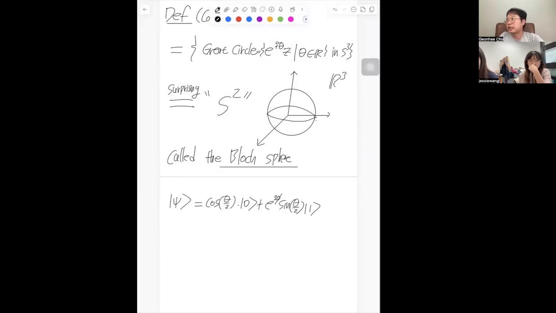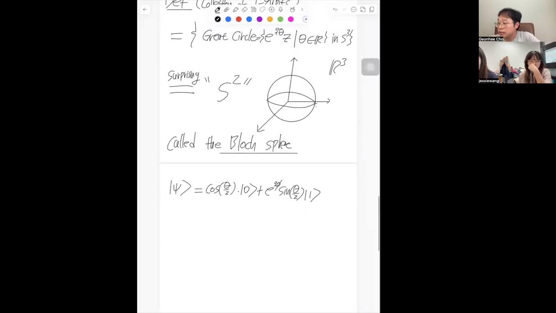And how can you really think of it? Each point has two pieces of phase information: this angle denoted by theta, and this angle denoted by phi. In the calculus class, this is called spherical coordinates. So in summary, it's very simple.